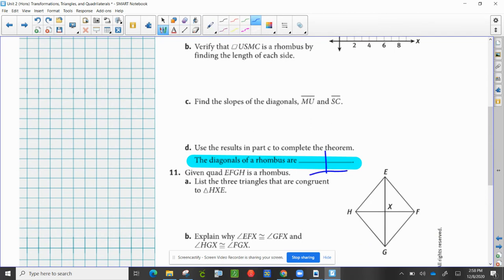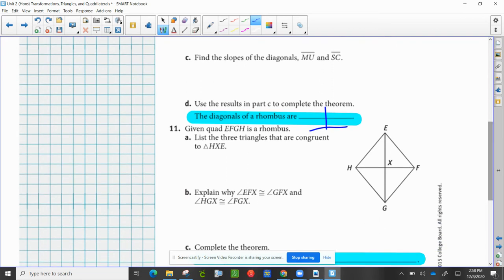So here's a picture of a rhombus, rhombus EFGH. On a rhombus, we know all 4 sides are congruent. And we also know that it's special because your diagonals form a right angle. They're perpendicular to each other. So that's one property of a rhombus.